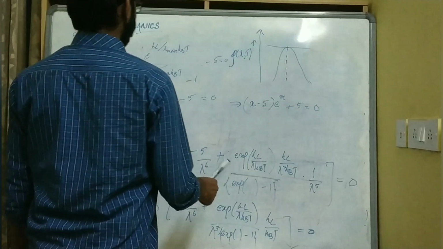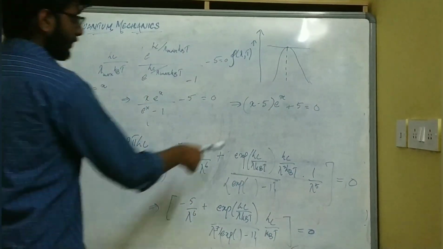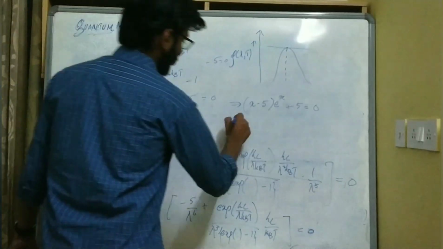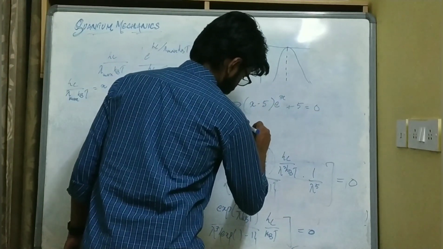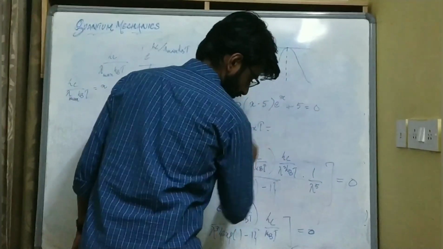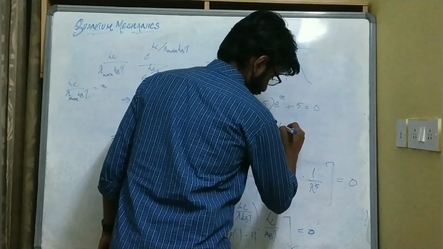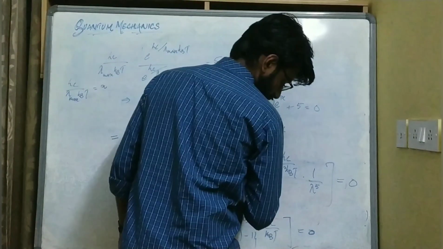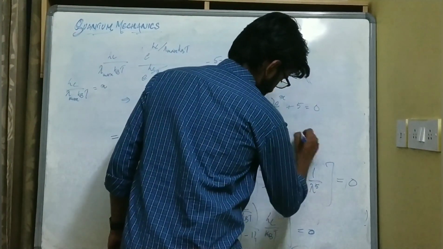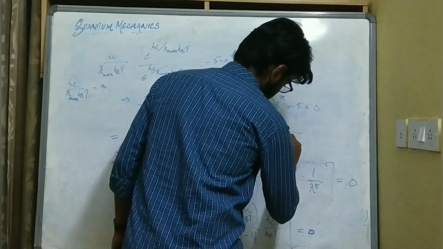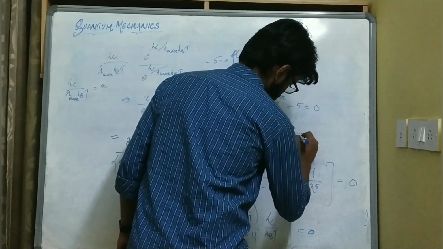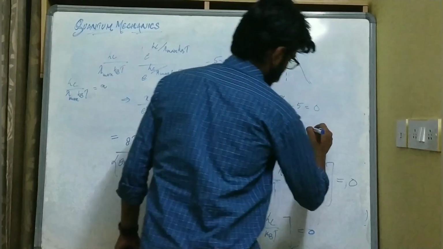This equation can be solved numerically, and what we obtain is lambda max into t is equal to hc by 4.96511 kb. This is actually a constant.